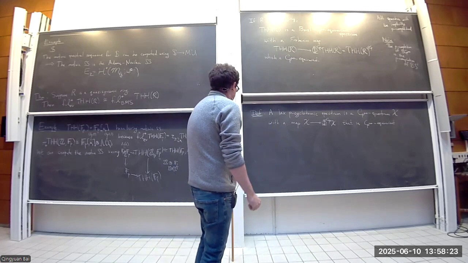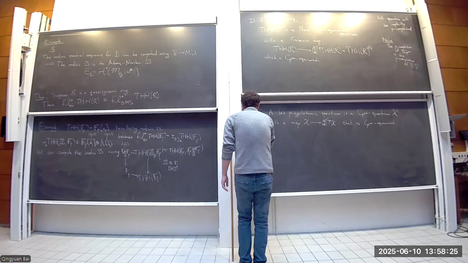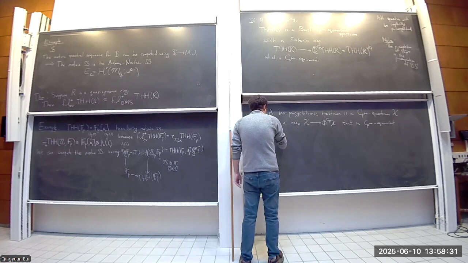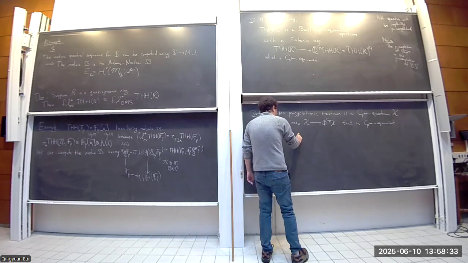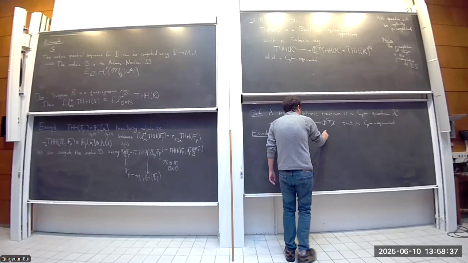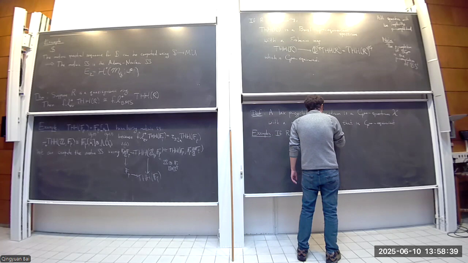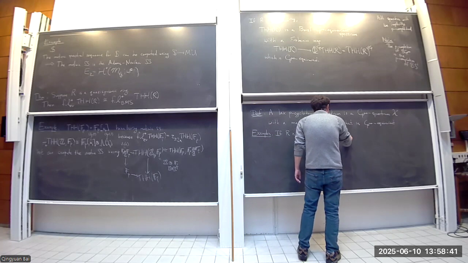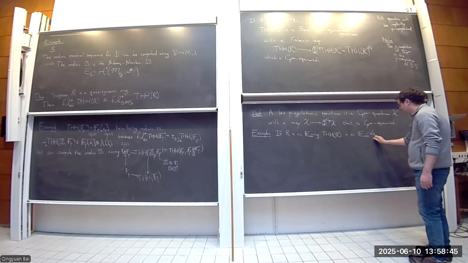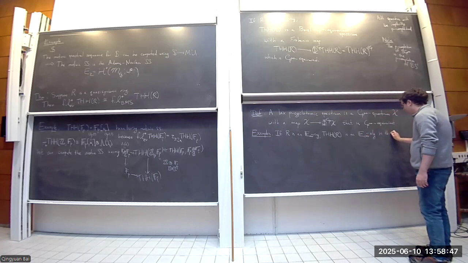Okay, let's look at some examples. R is an E-infinity ring. Then its category of lax cyclotomic spectra is like that.